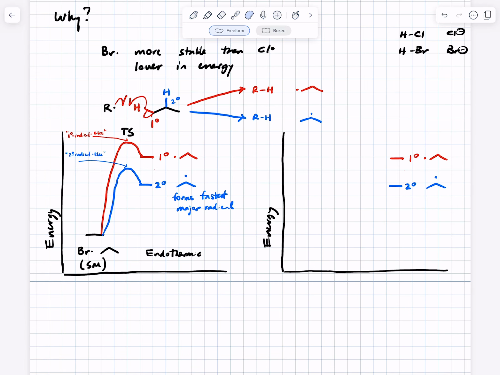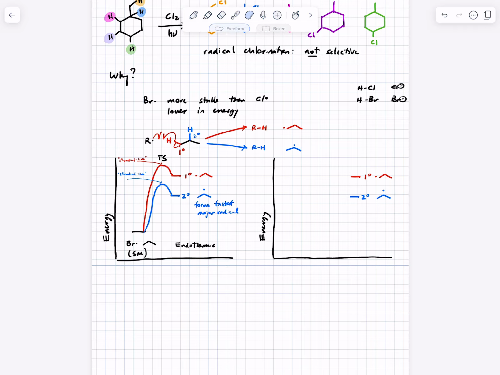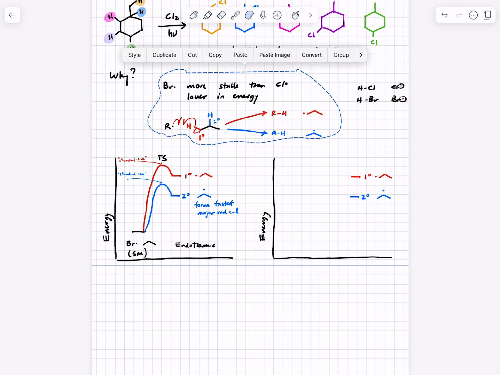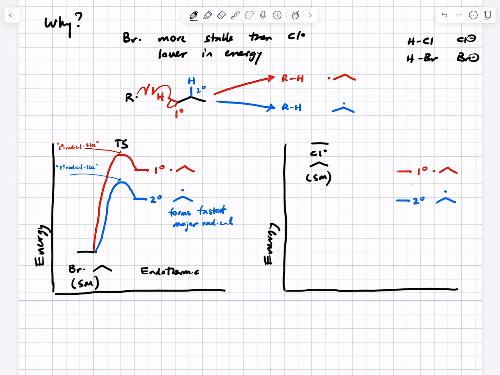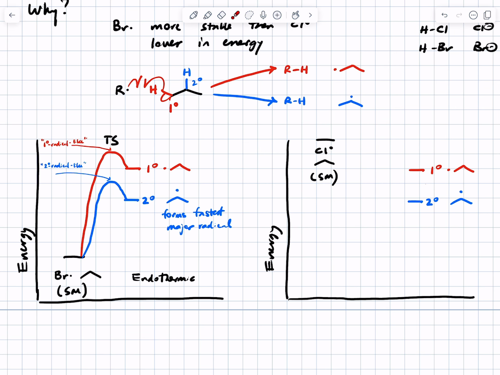The radicals are each going to be at the same place. I'm going to need a little bit more space. So let's now, chlorine is here. This is your starting material. Obviously, propane is the same energy on either side.